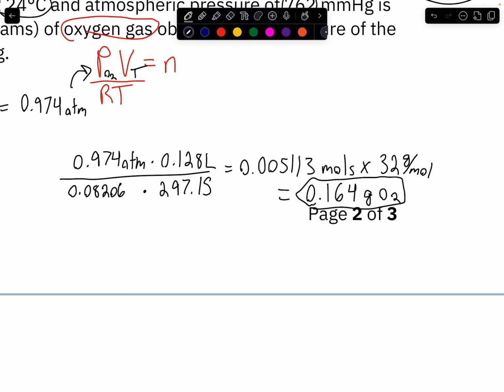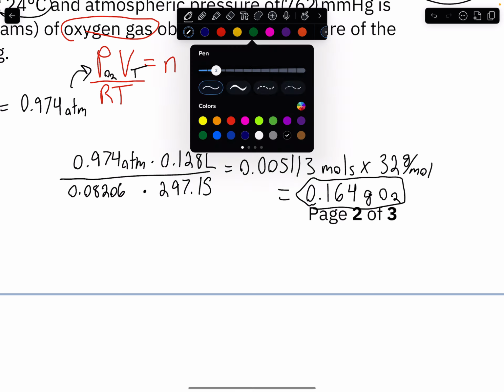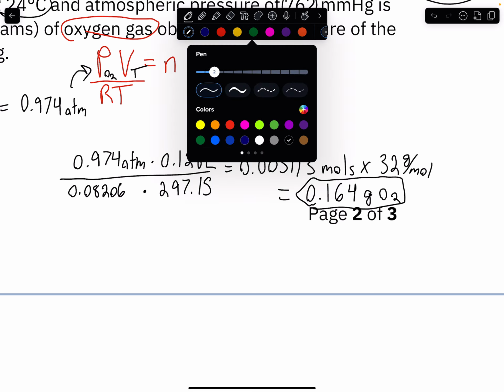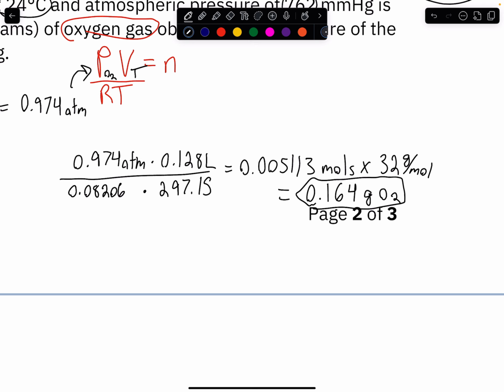I'm pretty sure Deborah has already published these, but if you have the answer sheet to this problem, she does have a note on her guide that says the answer to the problem should be 0.164.